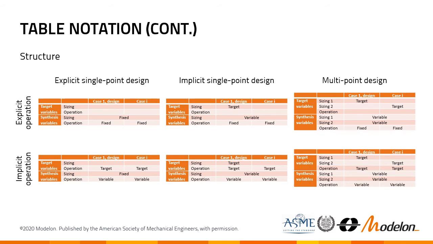The table notation also allows us to classify design problems with respect to design and operation. The design, for instance, can be an explicit or implicit single point design.